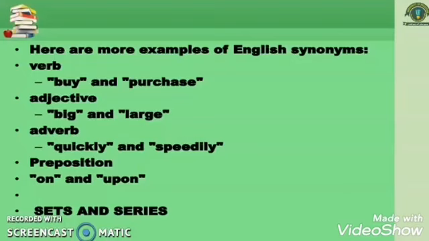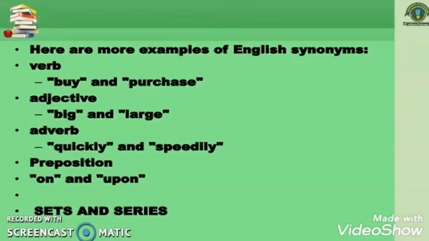Now the last one is preposition. What type of prepositions can be used in synonyms? Here only one example is given: on and upon.